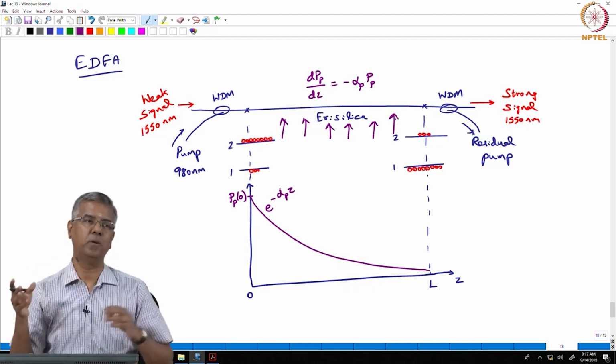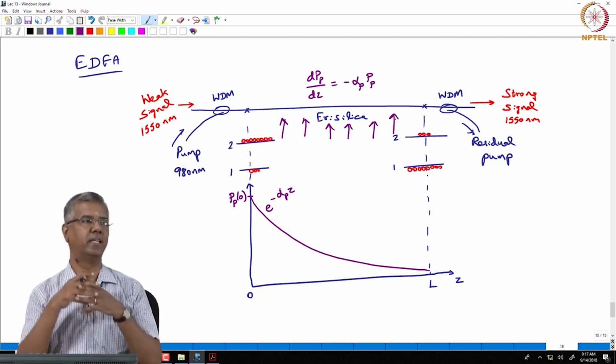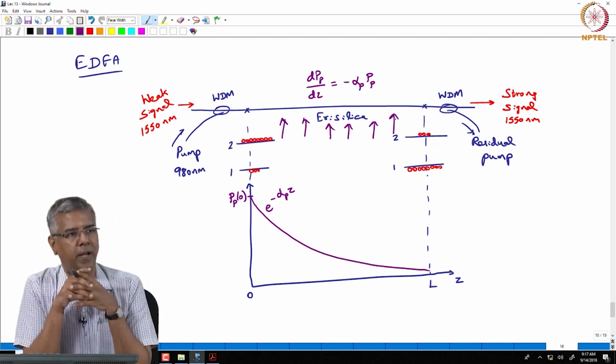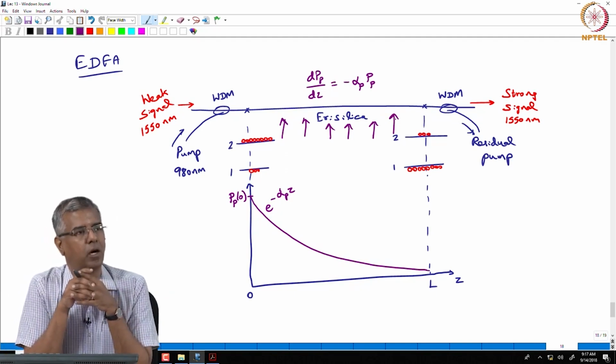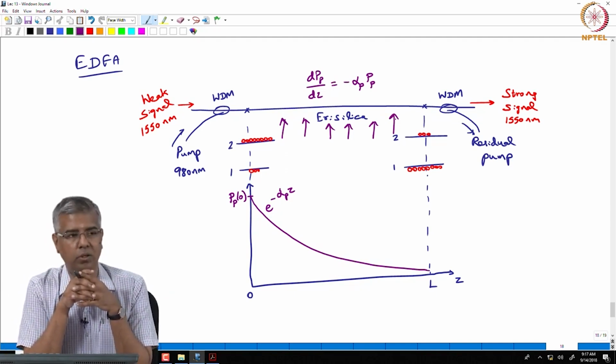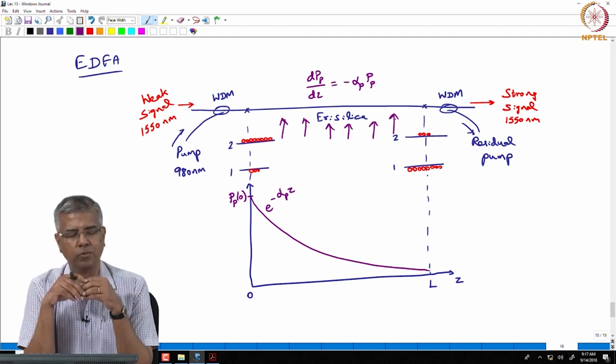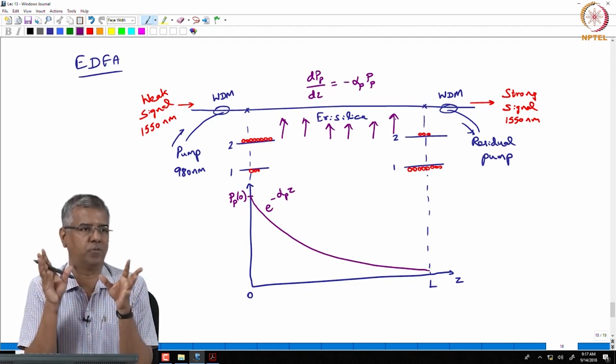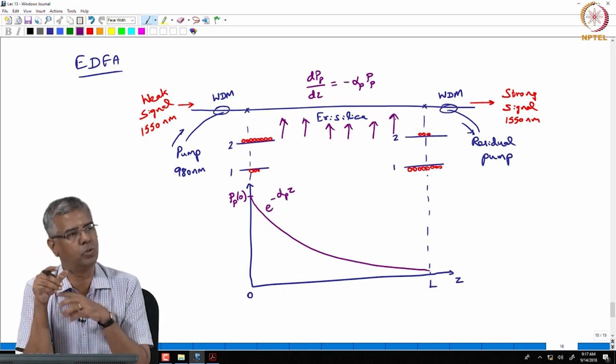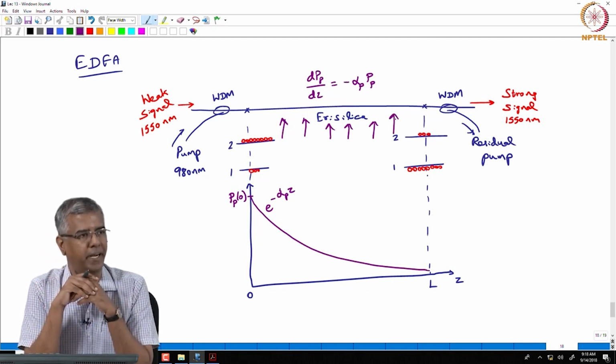So, you are not going to be able to efficiently focus all your pump light so that it is absorbed in the erbium fiber. Because of those reasons, as far as fiber form is concerned, you choose to pump from one end.